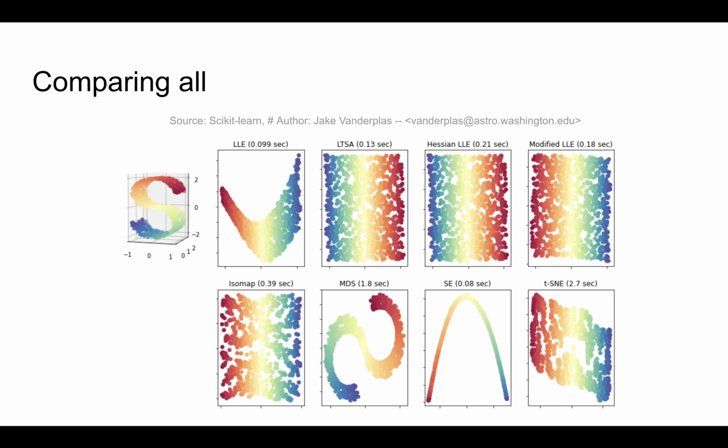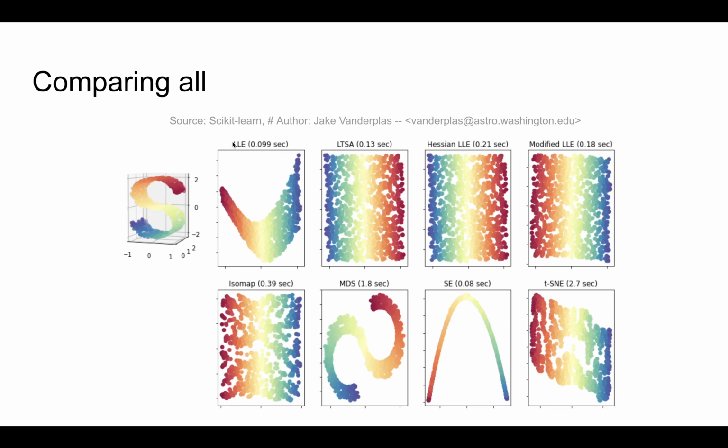And finally, here is a plot again from the scikit-learn docs. I've listed the source here, so if you run that code, you'll be able to reproduce this particular figure. We have a manifold shown here on the left hand side, which is an S letter shape. And when we unfold this manifold of data points using different methods, these are the outputs that we get.